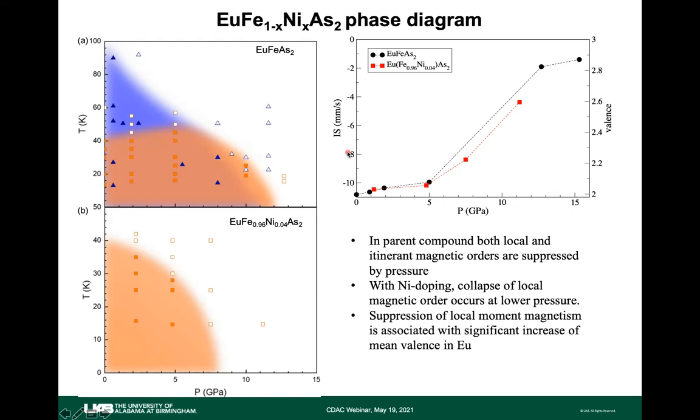To summarize the isomer shift change under pressure, we saw this continuous increase of isomer shift in both the parent compound and the doped system.